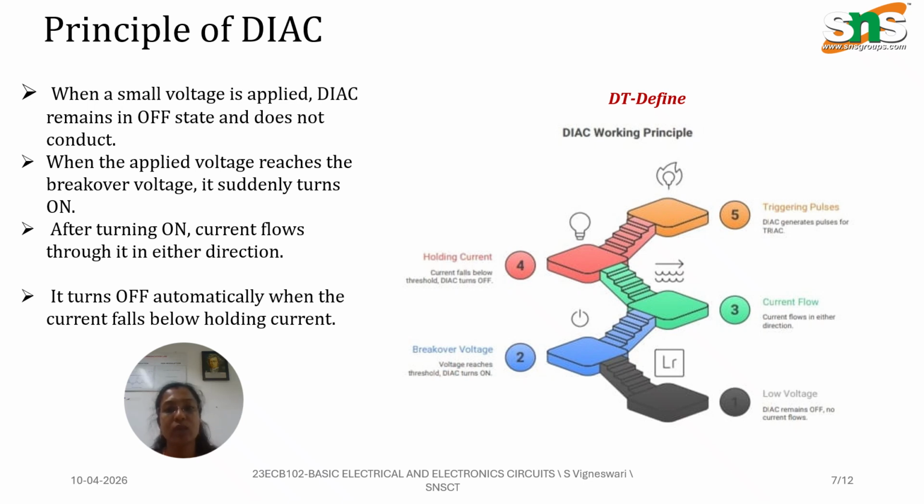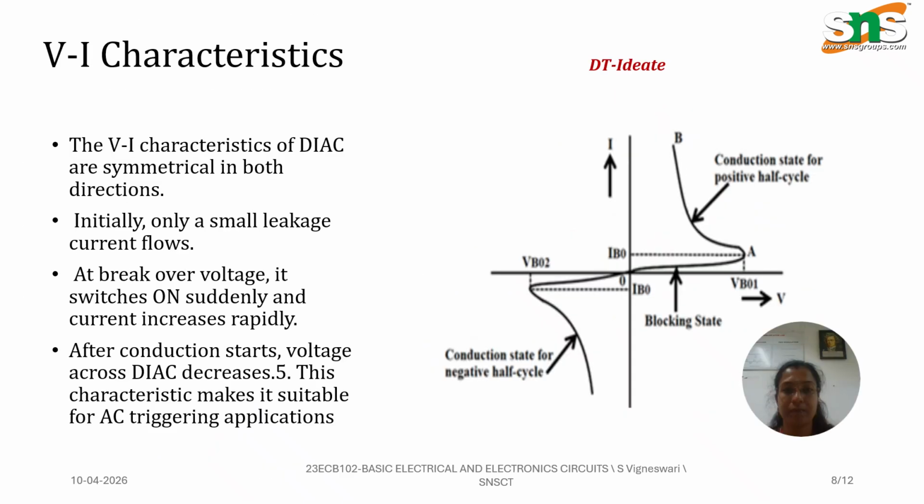The switching is very sharp and quick. Once it starts conducting, the current flows in either direction depending on the applied voltage. It will continue to conduct until the current drops below a certain level, which we call the holding current. After that, it turns off again. This on and off behavior makes it useful for switching applications.